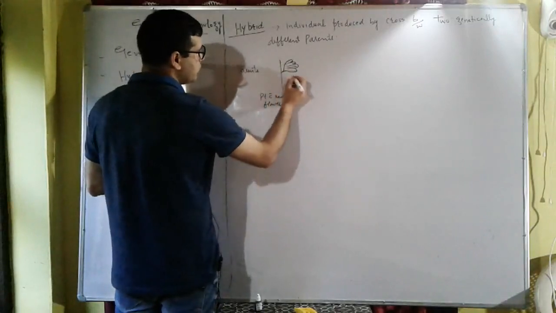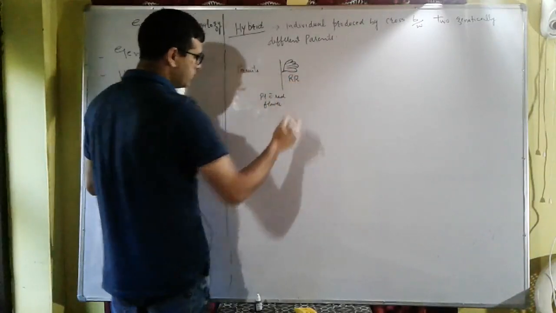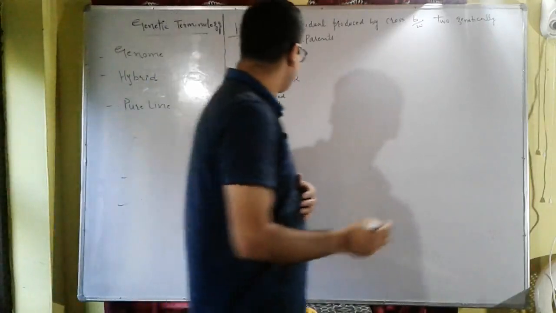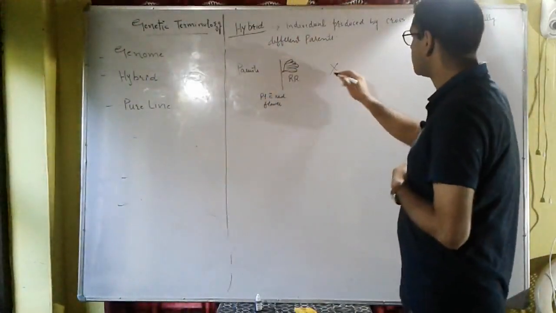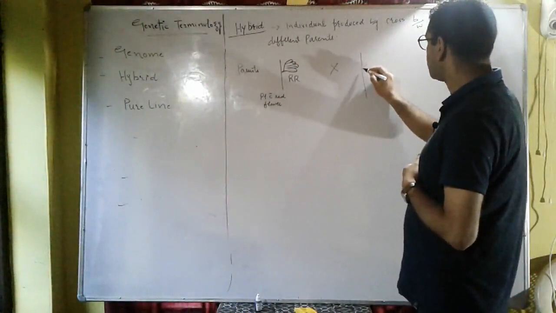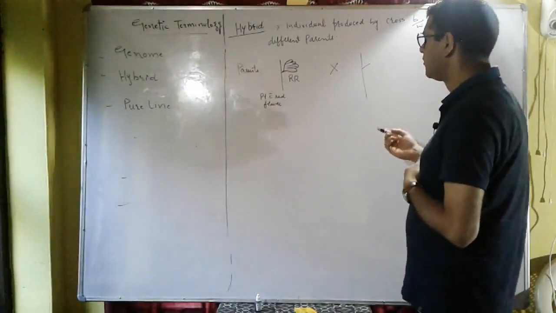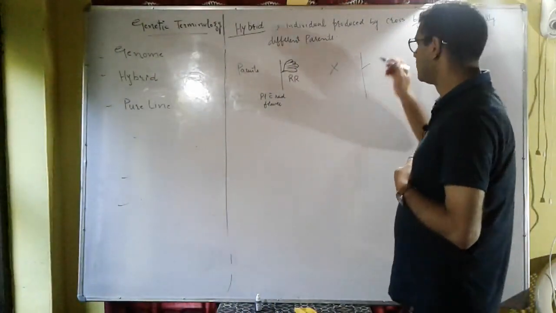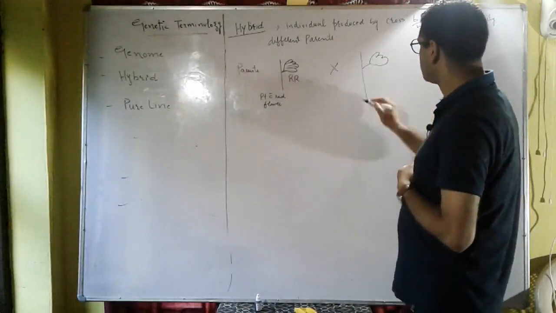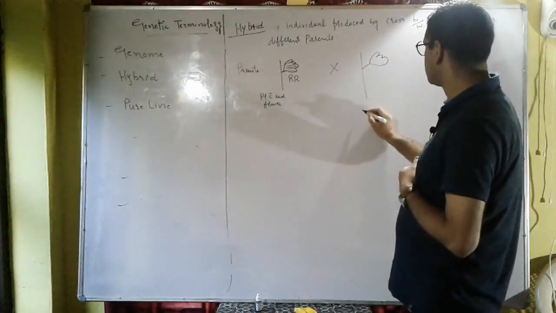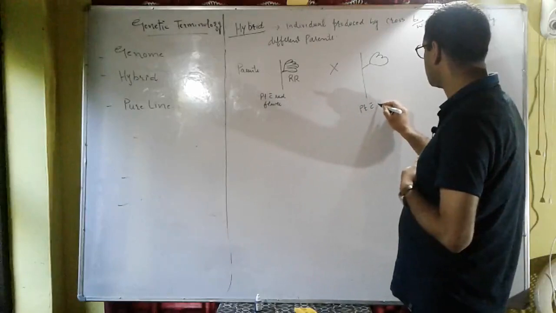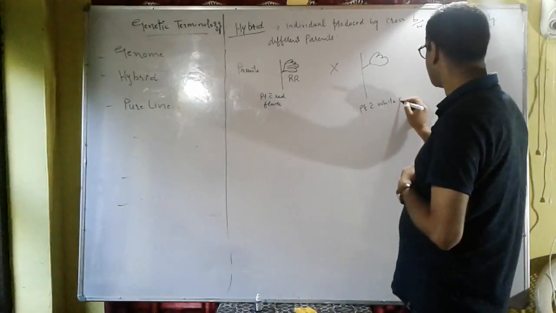The genotype is capital R, capital R. Now we'll cross it with a plant that is having, suppose, white flowers. This is a plant with white flowers.